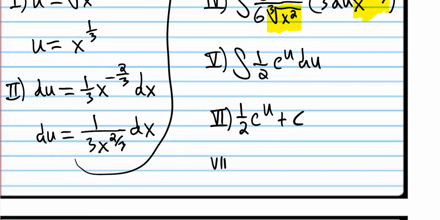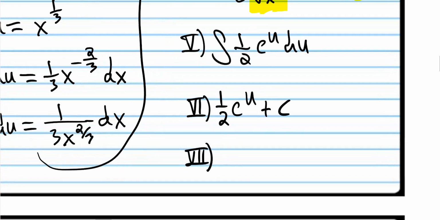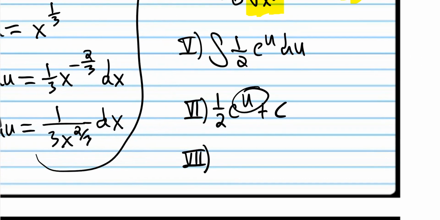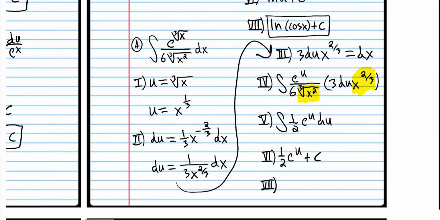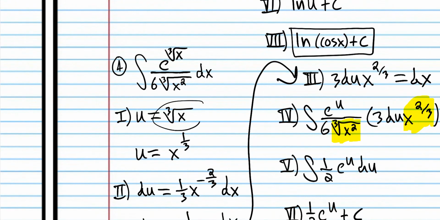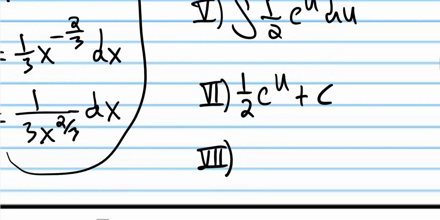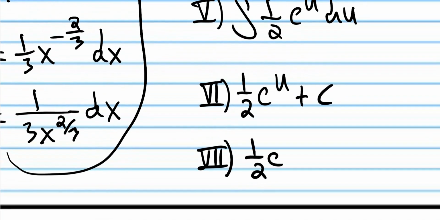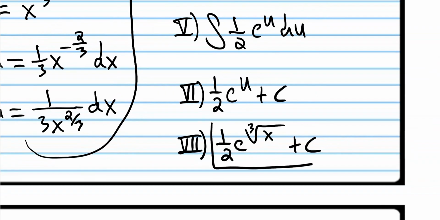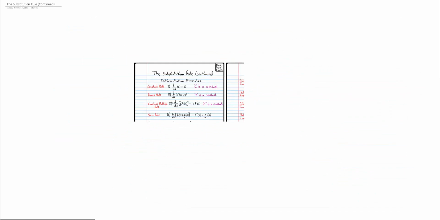And lastly, we're going to replace u, what we set u equal to, which is the cube root of x. So there you go. That is the family of antiderivatives of this function.